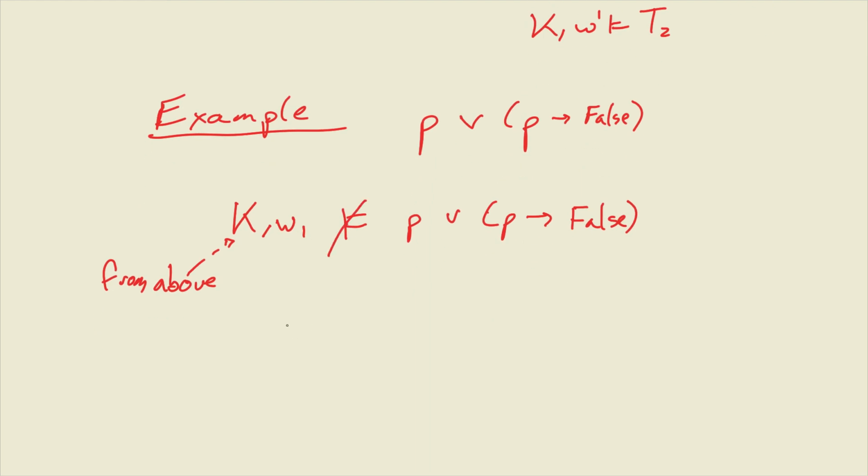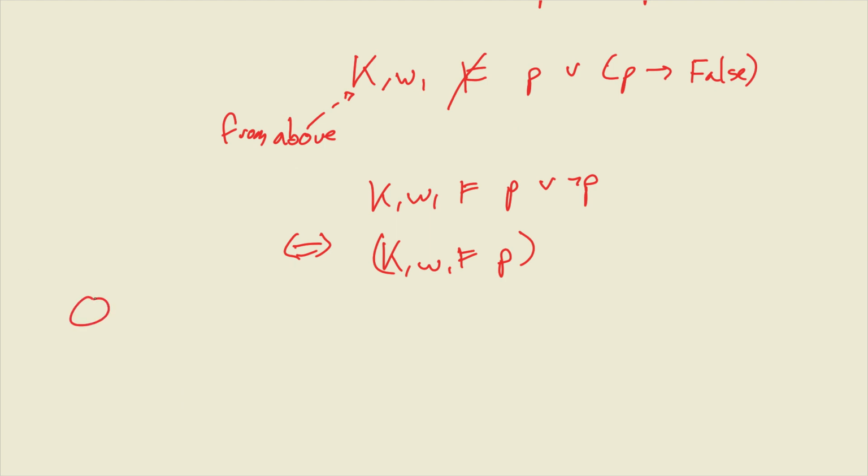And why is that? Because for it to be true, K, W1, P or not P, by the definition of the semantics for or, either we have to have P true at that world, and I defined the semantics up there, so the model said, here I'll just draw it again real quick. Here P becomes true, this is W2, but down here it's not true, so I just don't write it to indicate by its absence that it's false.